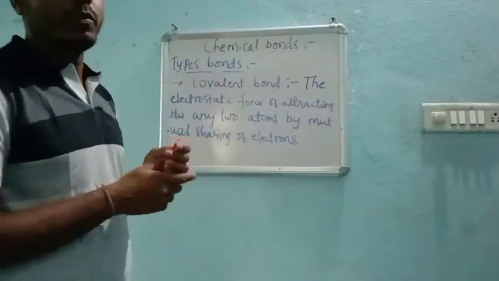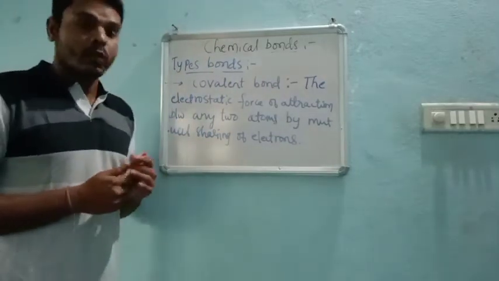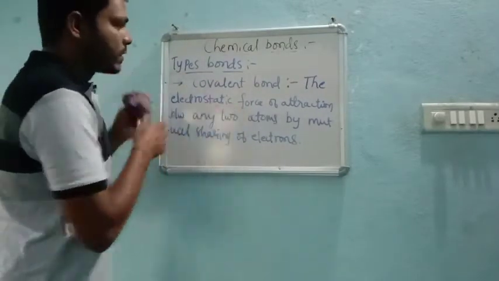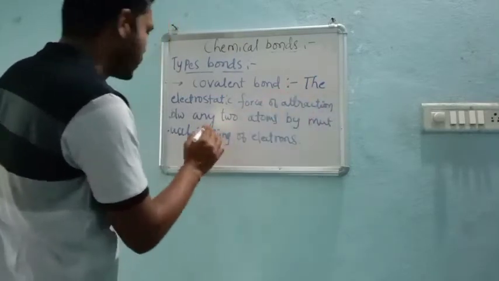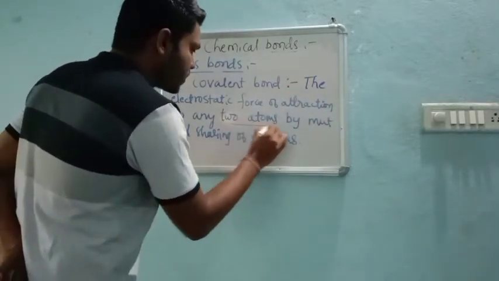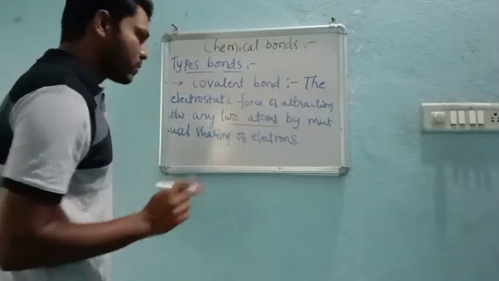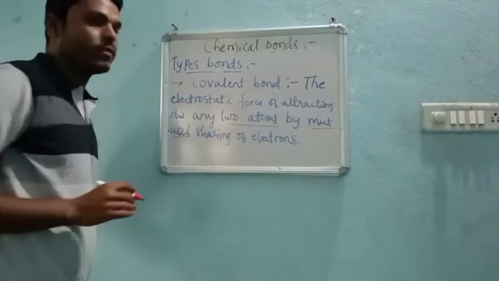The formation of a molecule we will see very easily in the case of a covalent bond. So to see this covalent bond, these two points are very important. Electrostatic force of attraction we know, and two atoms, they may be the same atom or different atoms. That is one point here. We need to understand, and the mutual sharing, which is very important.